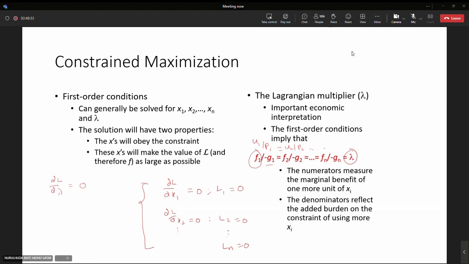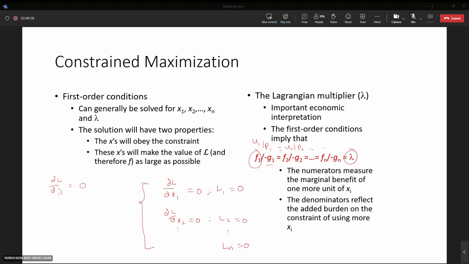Otherwise, if one X gives more benefit than the extra cost of consuming one more X, then the allocation should change. That means it's still not at the maximum level of utility, so utility can still be increased by reallocating the budget to one of the X's.